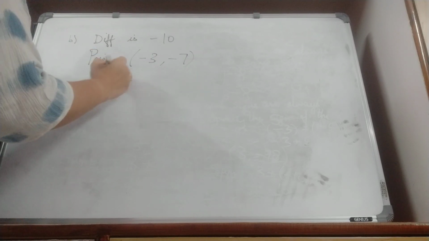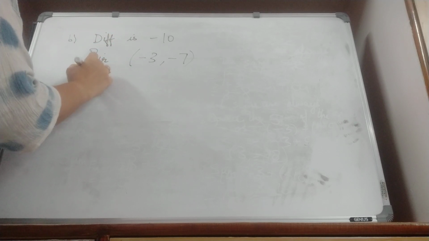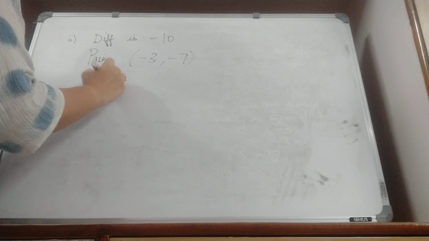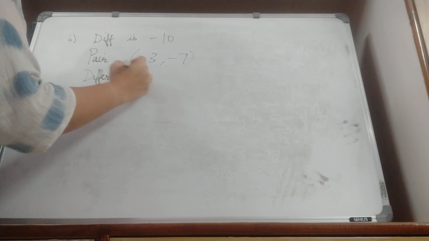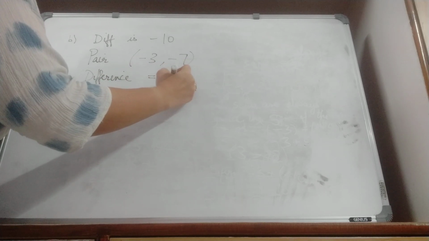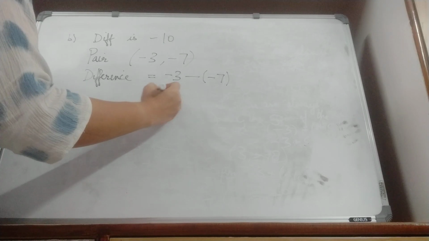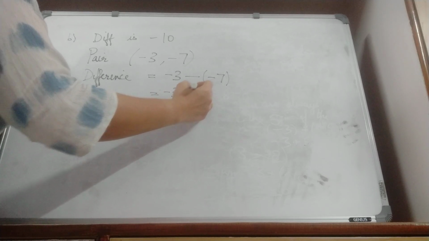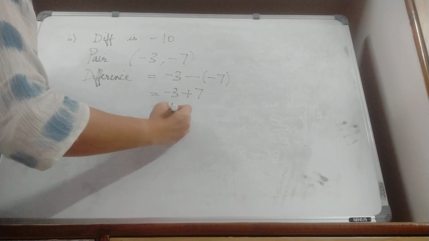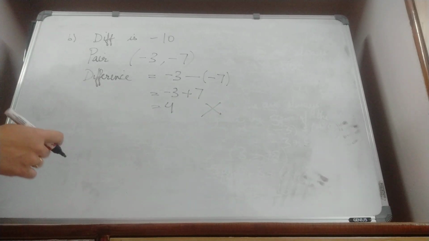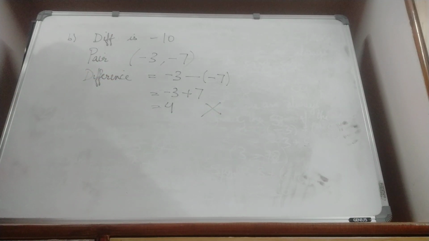Now here please understand, we have to find the difference. Difference means you are going to be subtracting the two numbers. So if I subtract minus 3 minus the second number, this comes out to be 3 plus 7, which is 4. So my answer is wrong. This pair does not give me the correct answer.